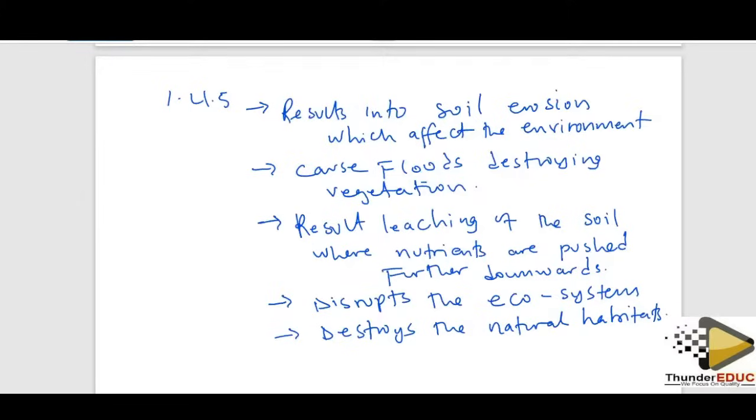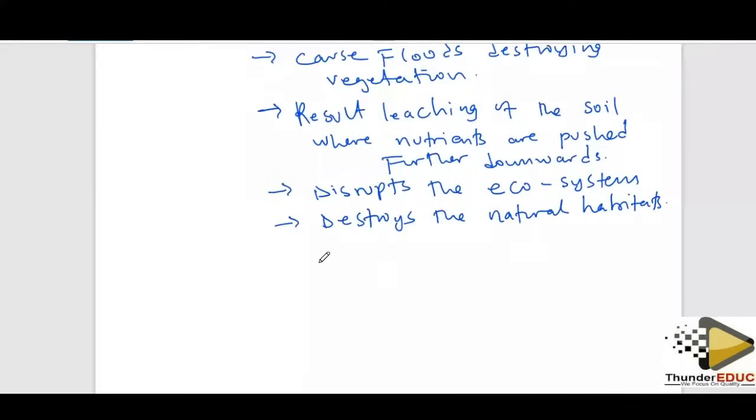Could as well cause mudslides and landslides.